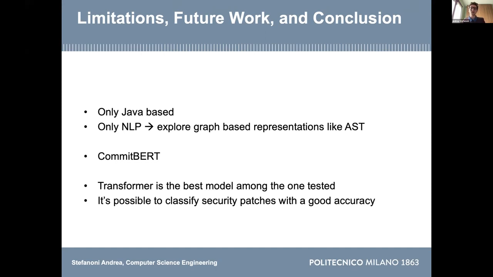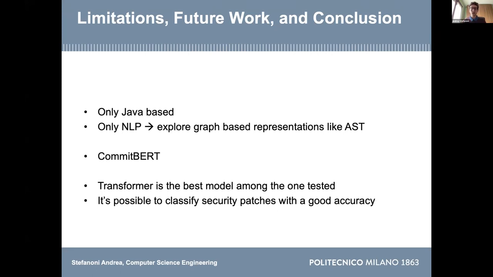And we only used natural language processing techniques, but other research has been done on graph-based representations like the abstract syntax tree. But this needs to have all the new code and old code to extract this graph representation of the code, and this is another challenge that needs to be addressed.